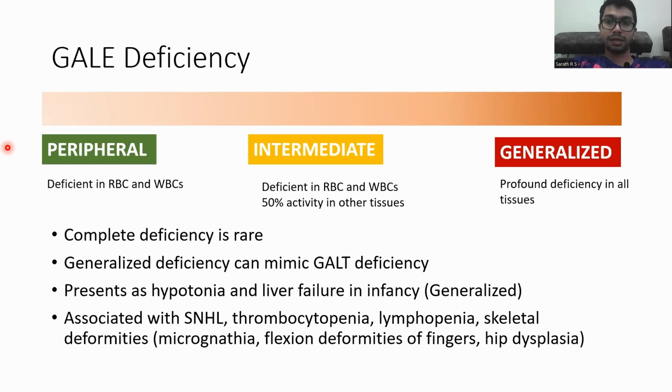So they manifest just like classical galactosemia. However, they will be having some additional features like hypotonia, sensorineural hearing loss, thrombocytopenia, lymphopenia, and skeletal deformities. Skeletal deformities include microglia, flexion deformities of fingers, and hip dysplasia. The reasons are not well established for these extra manifestations.